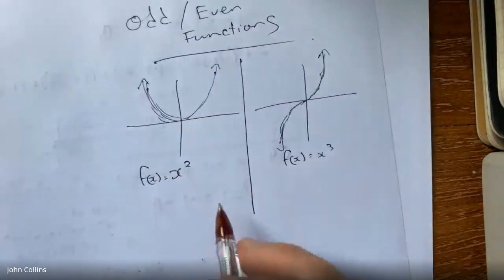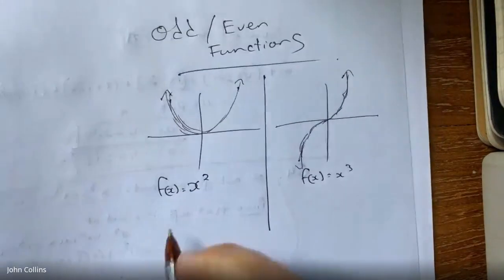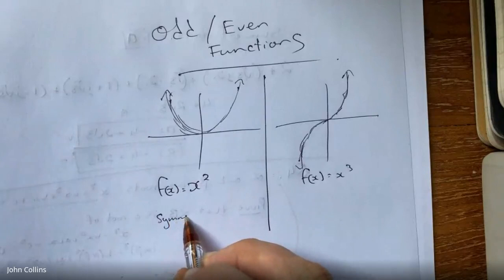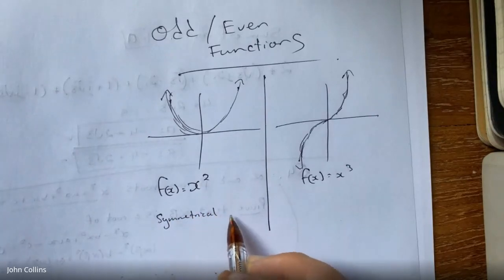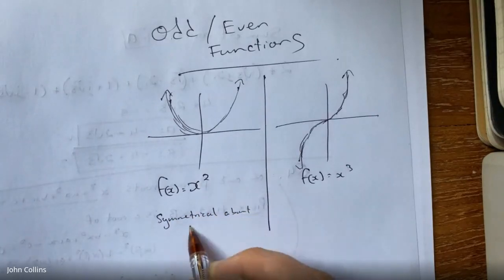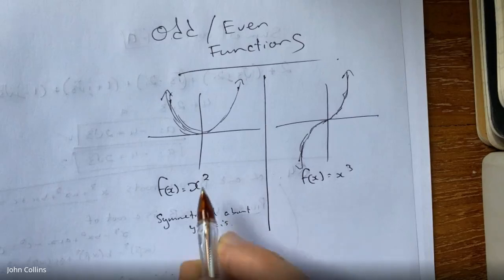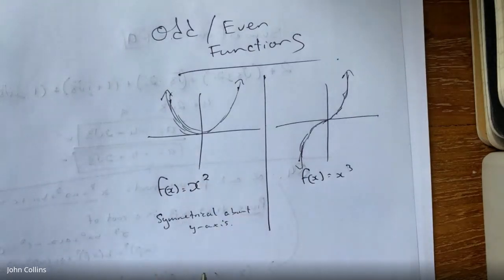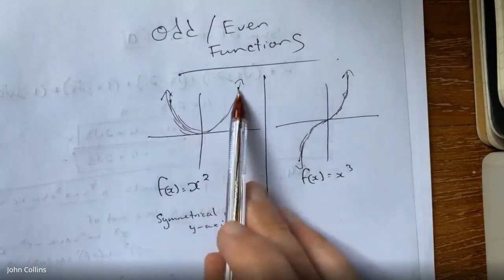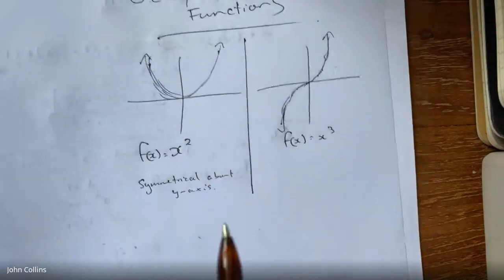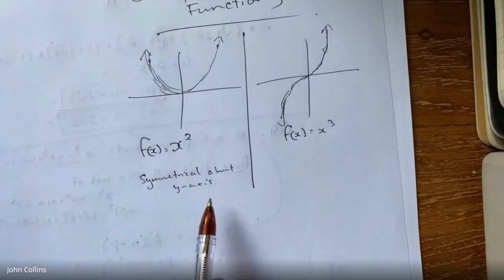I can say that it is symmetrical, isn't it? About the y-axis. In other words, it folds nicely over the y-axis. Its graph folds over the y-axis. So what's interesting about that?